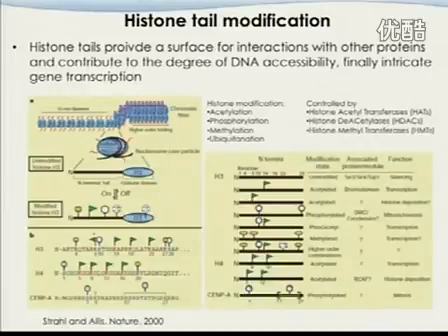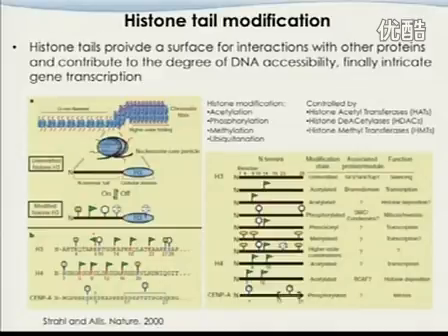But once you have this, this is also an amino acid sequence. There are many different amino acids, and at different locations they are different. And what happens is at different locations there are different types of modifications that can occur.